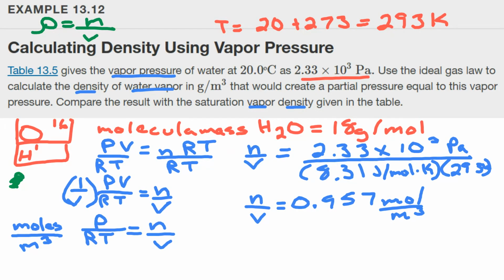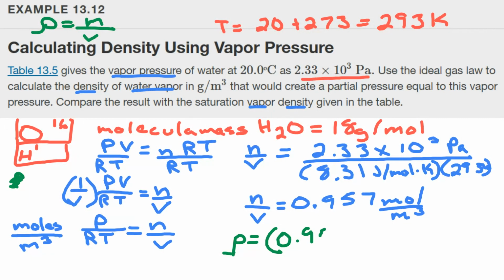So that just means that to find rho here, I'm just going to multiply n over V times the molecular mass. I have the molecular mass, which is in grams per mole. Then what happens is the moles cancel out. Let me write it out so it makes more sense.